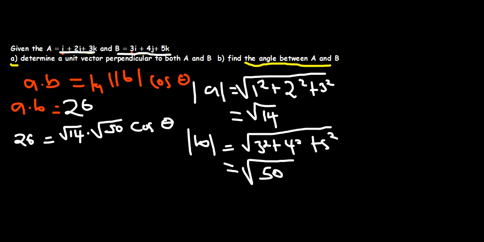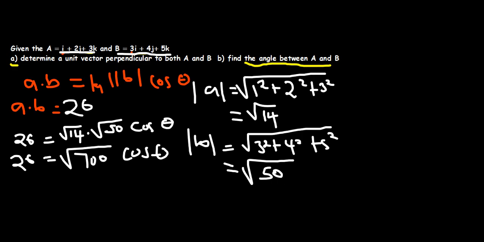If you want, you can multiply this under the root using the laws of surds. So we are going to have under the root 14 multiplied by 50, which will just be 700. And then cos theta.